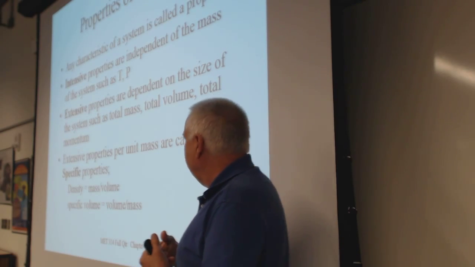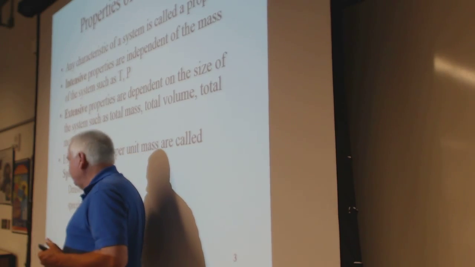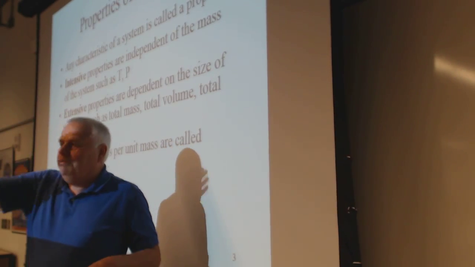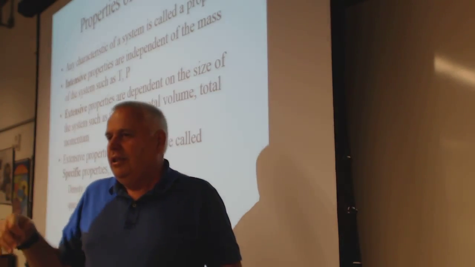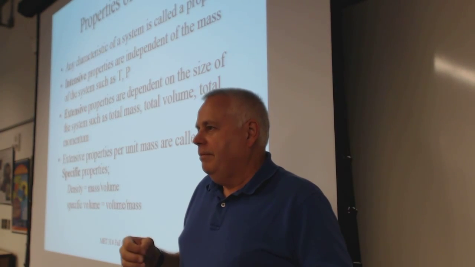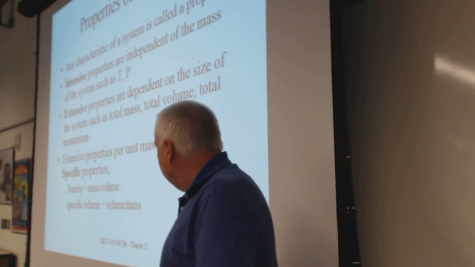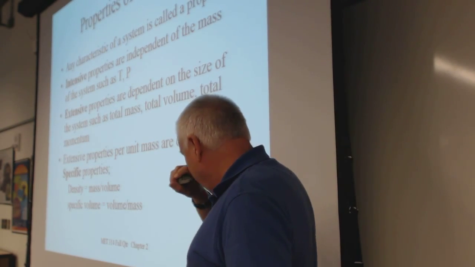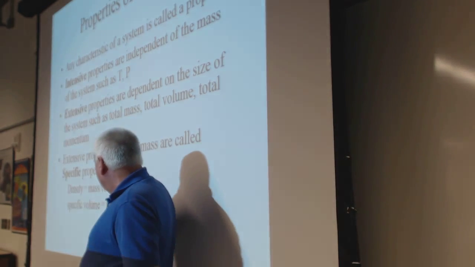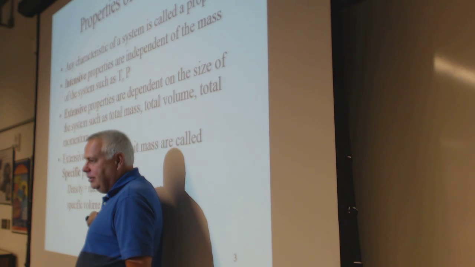So we're going to deal with a lot of specific properties, and what the specific means is we divided it. It's all going to be volume per unit mass. It's going to be kilojoules per kilogram, and energy, that sort of thing. So we're going to use these a lot. And the first one that you'll run across is just the inverse. It's the same thing as density, only it's upside down.